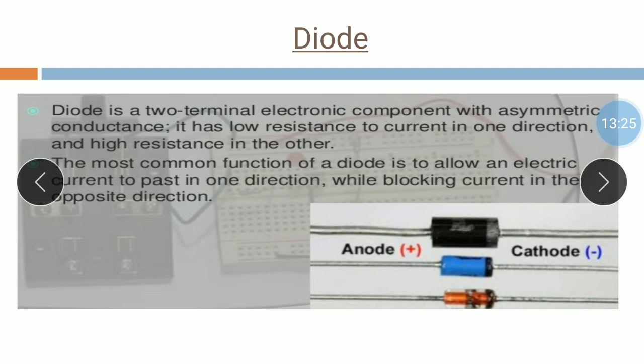This is how it allows current to pass from only one direction. The reverse direction current cannot flow. So this is the function of a diode.